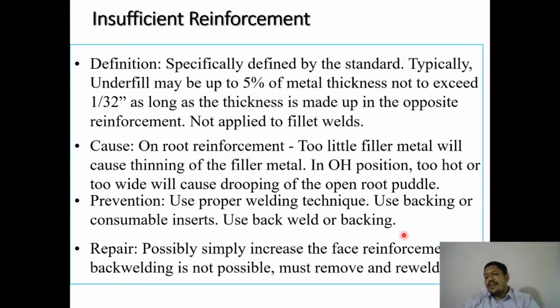These are the ways you can ensure proper reinforcement on the weld. I have seen the application of backing plate in the manufacturing of pressure vessels, where it is used in welding to ensure proper root reinforcement.